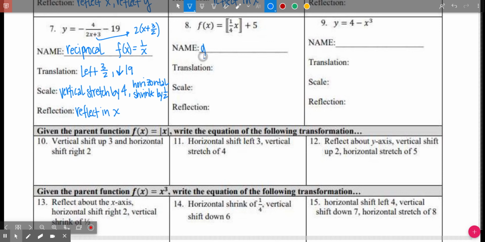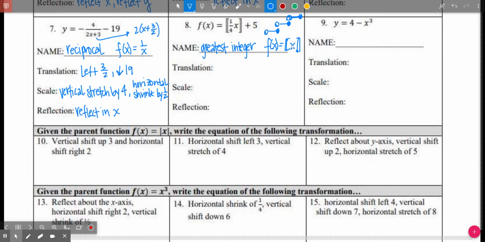The next function is what we call a greatest integer function. You are most familiar with greatest integer functions as a step function. So its graph looks something like this, where it looks like you have stairs that go up. The parent function equation is just the greatest integer of x.